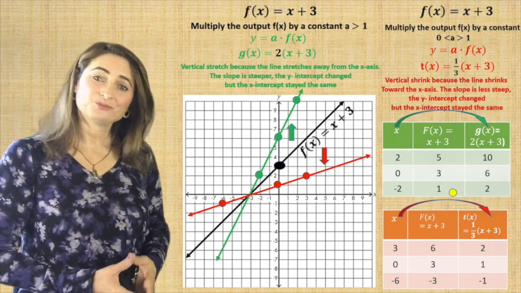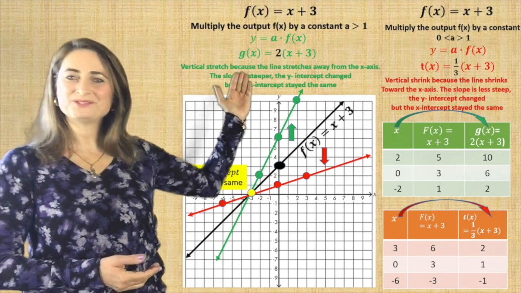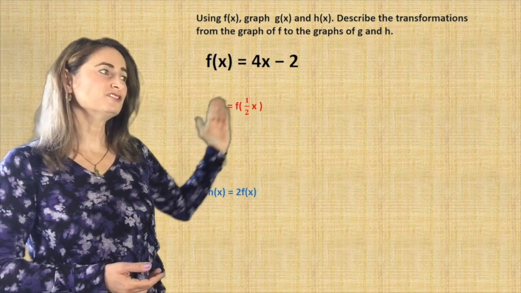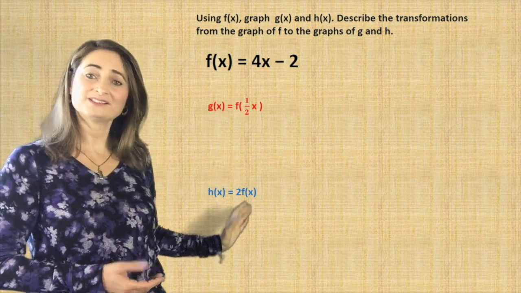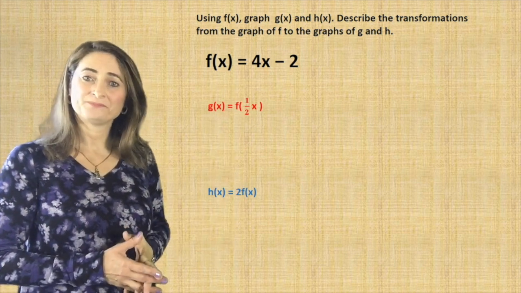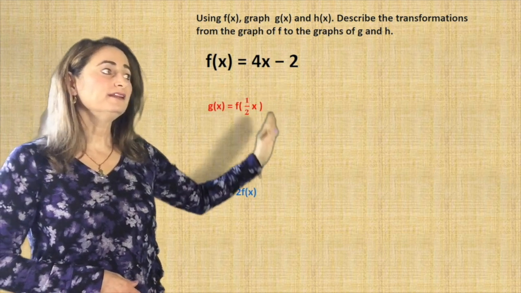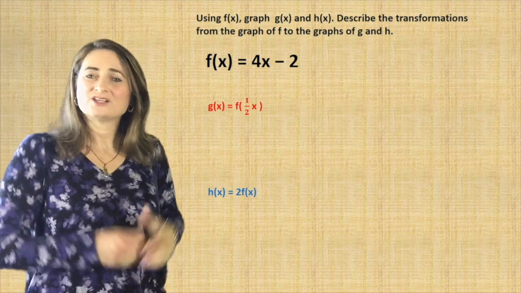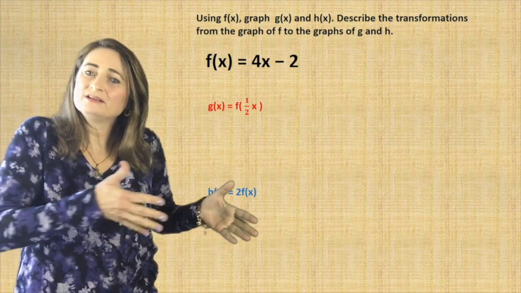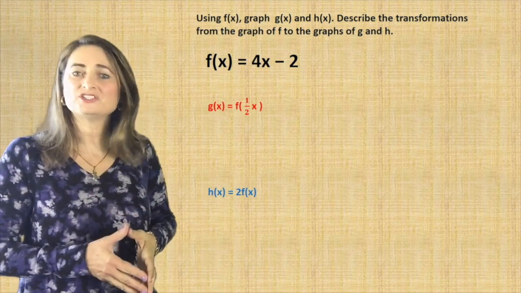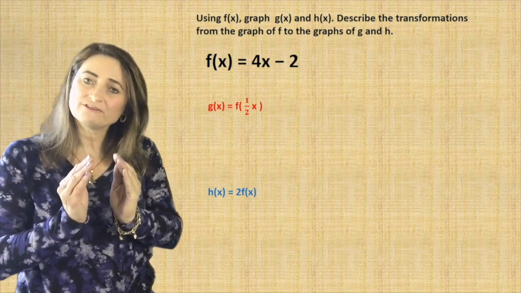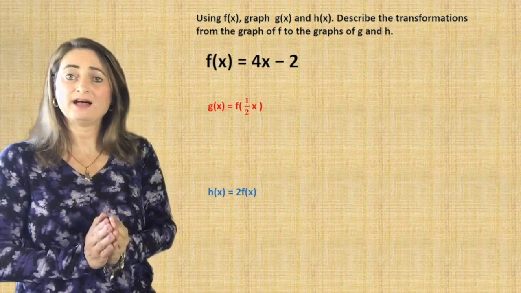Now let's take this to practice and see what happened to the f of x when it's transformed to the g of x and the h of x and how the graph would look. The g of x is f, and then in parentheses half of x. So is that a change to the y or to the x? That's a change to the x because it's inside, in front of the f, only the x. I need half of it.